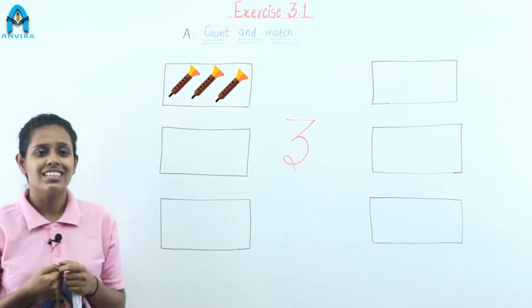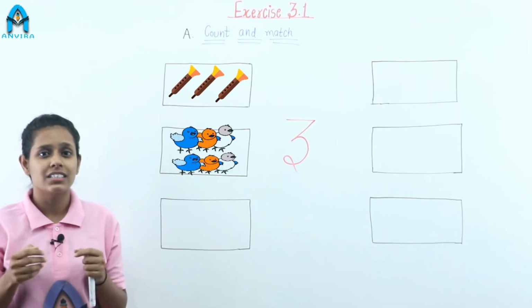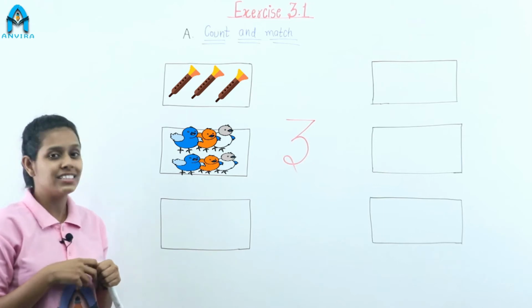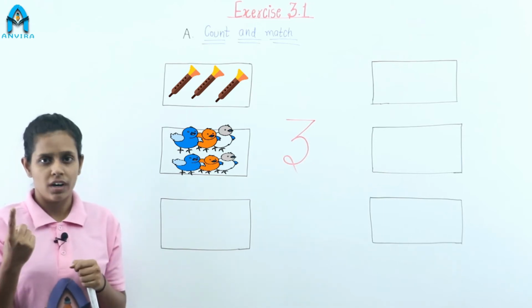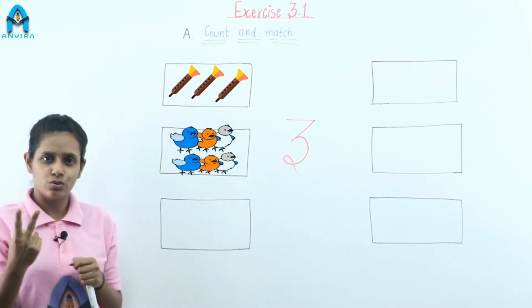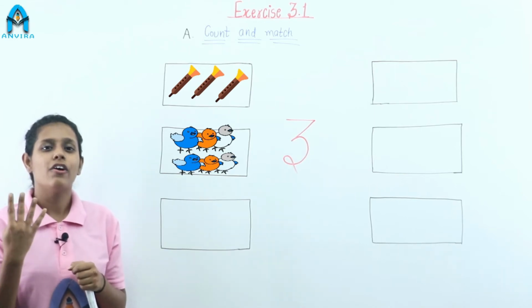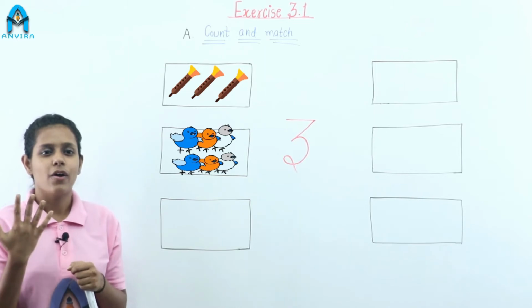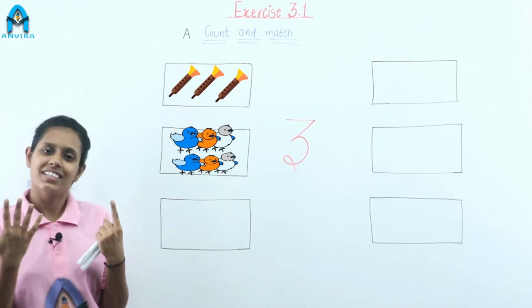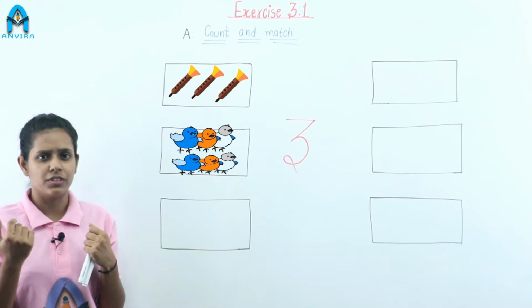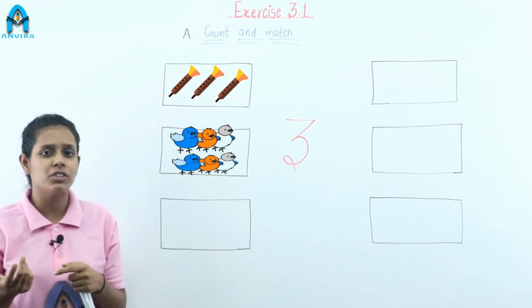What is this? These are birds. How many birds? Let's count. 1, 2, 3, 4, 5, 6. 6 birds. Now, look at the next picture.